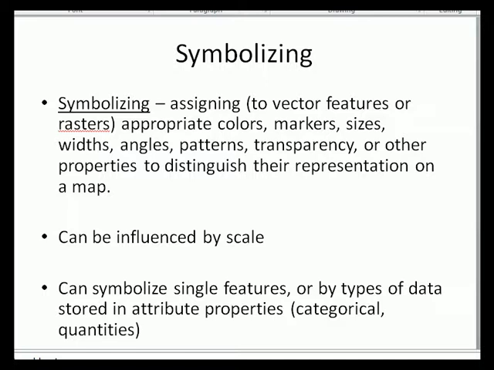The way we symbolize data can be influenced by scale. We can symbolize single features. We can symbolize everything in the map the same way, or everything in a layer the same way. Or we can symbolize within a layer based on attributes that are either categorical or quantitative.